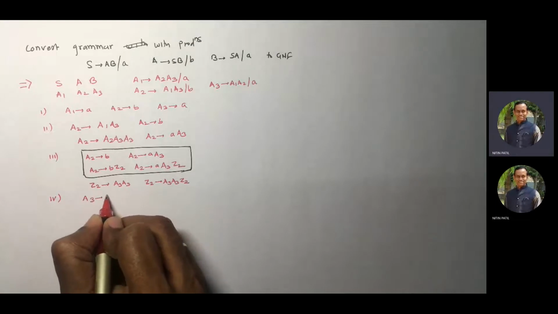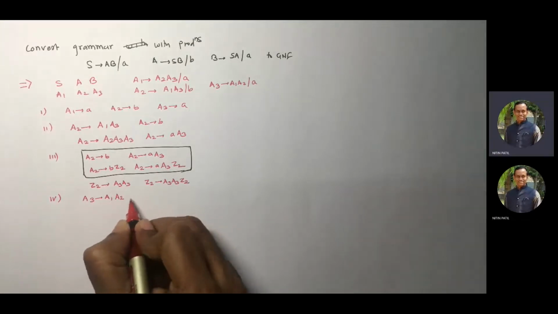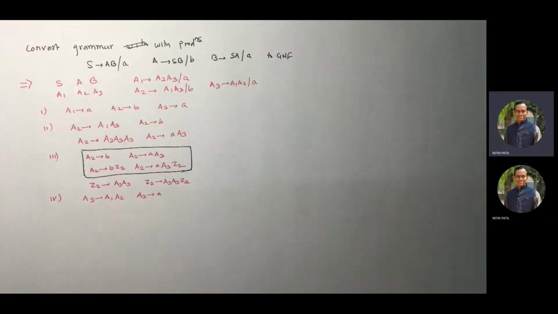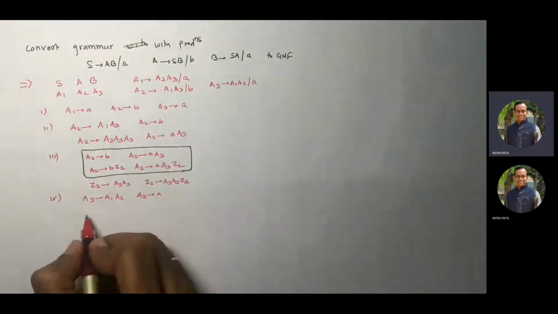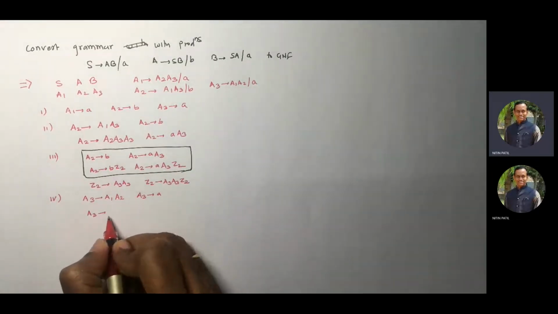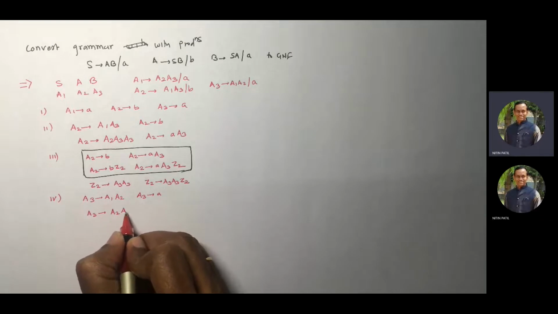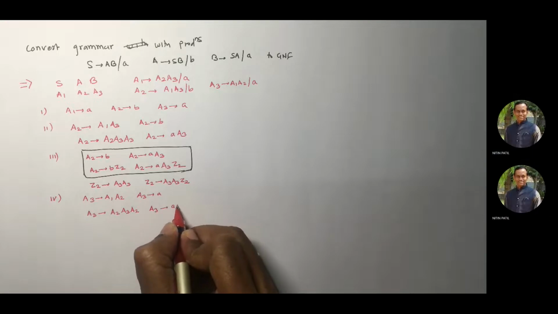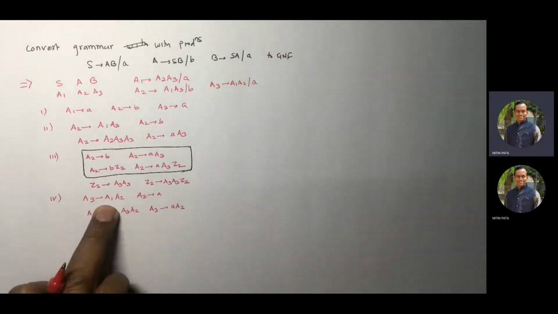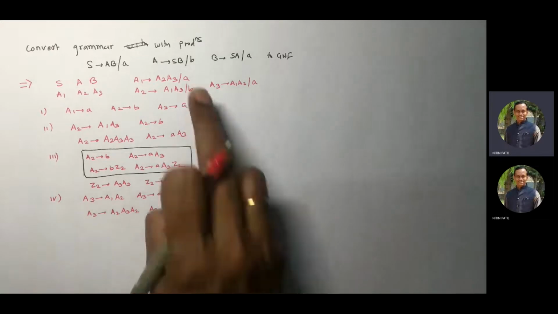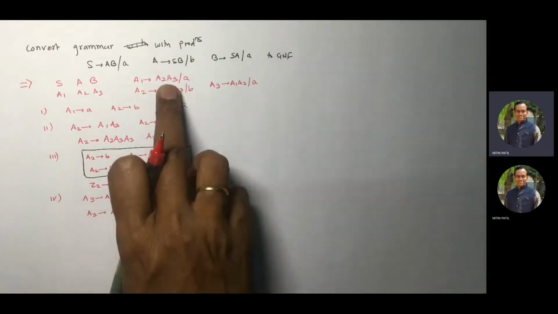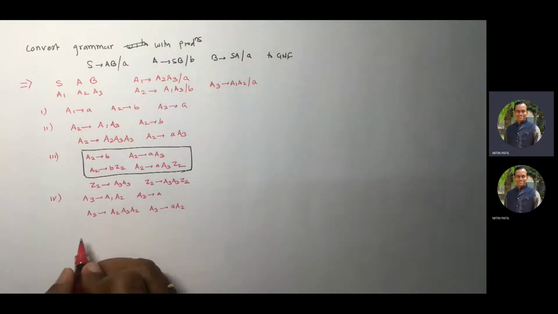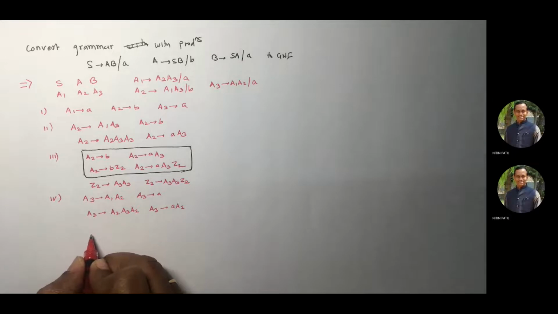A3 gives A1, A2, and A3 gives A. Now replace the A1 value, since 2 values are there. So you have A3 gives A2, A3, A2, and A3 gives A2, correct? Because A1 is A and A2, A3. So now A3 productions are to be written like this.